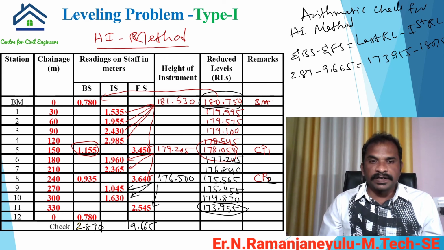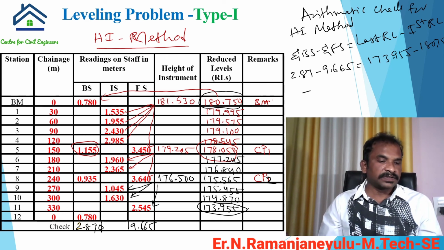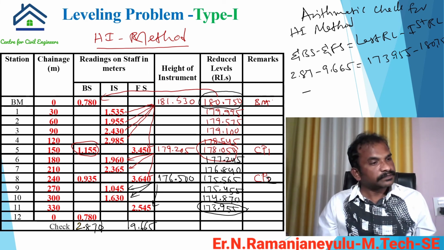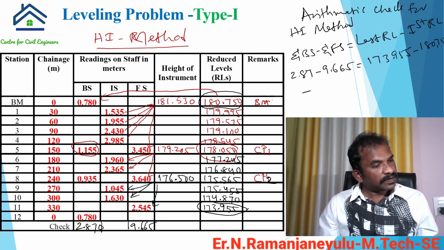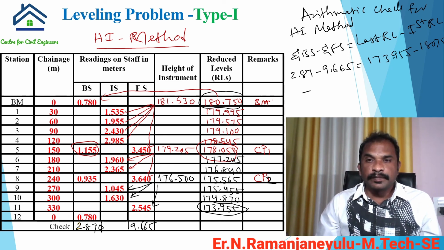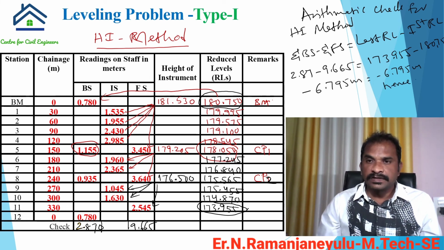From this we get minus 6.795 meters, and also negative 6.795 meters. Hence the check is okay.